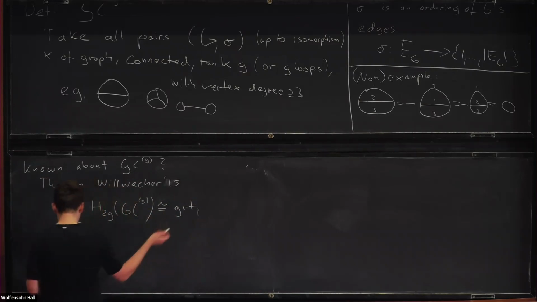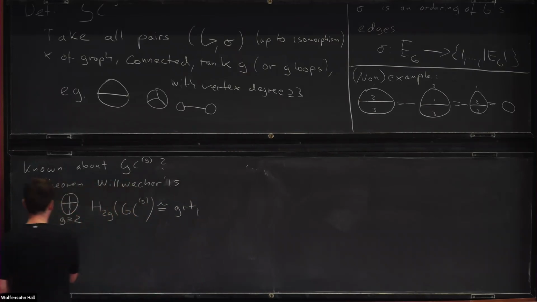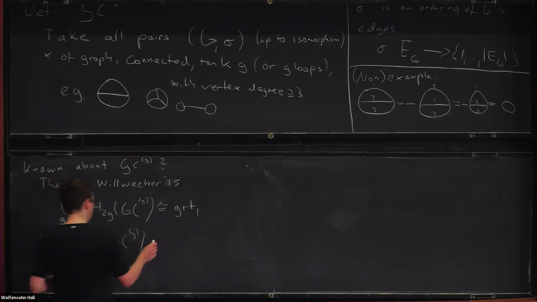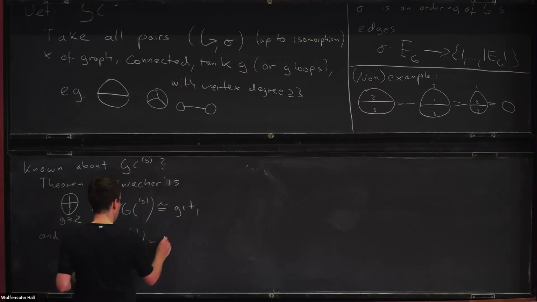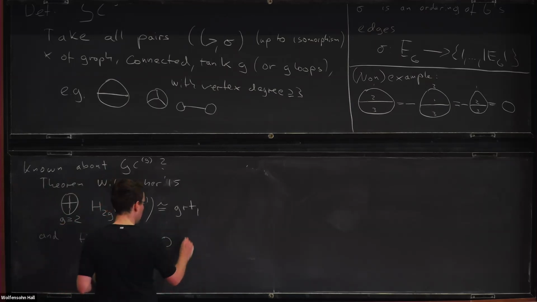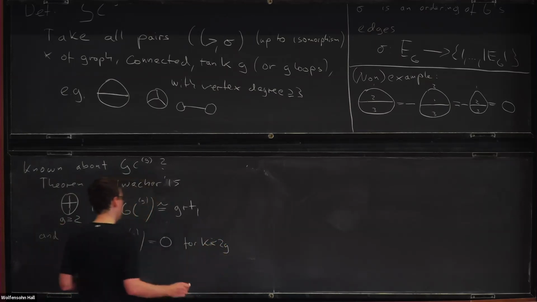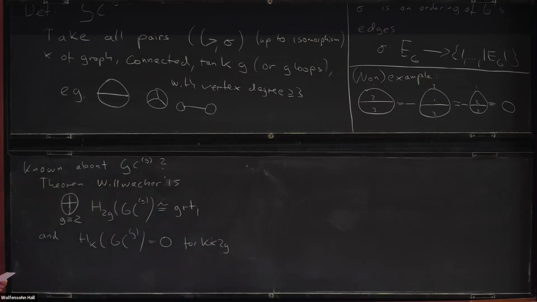Willwacher also proved that in the degrees below this 2G degree the homology vanishes. So for k smaller than 2G, this homology is 0.